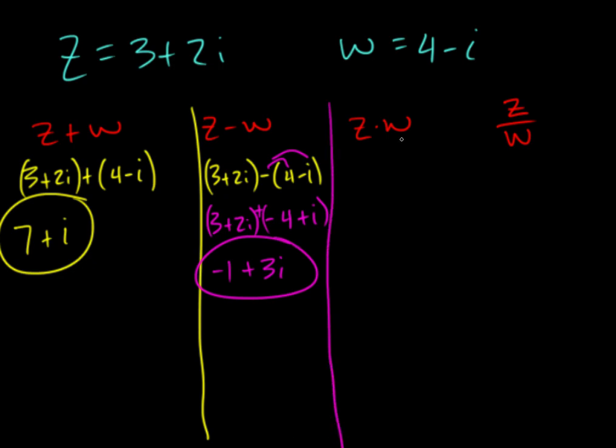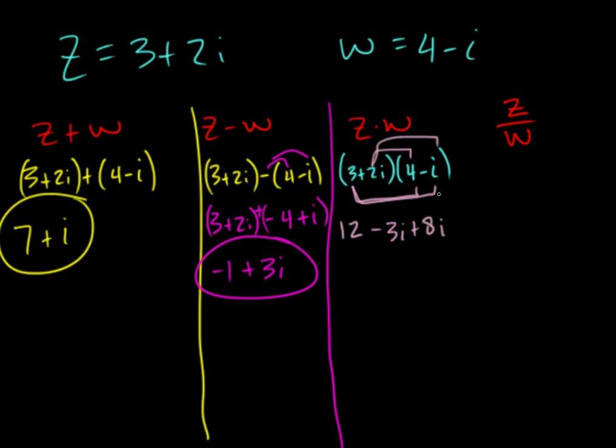Okay, now if we multiply, we're going to do 3 plus 2i and 4 minus i. And just like with polynomials, we need to multiply everything by everything else. Okay.